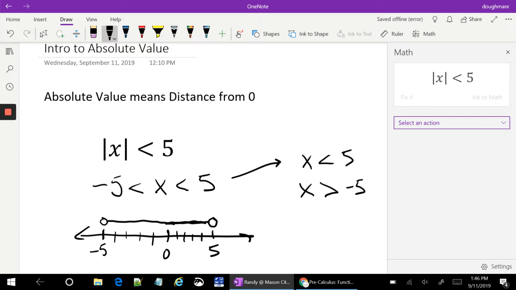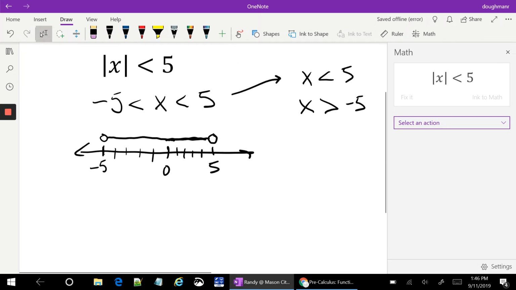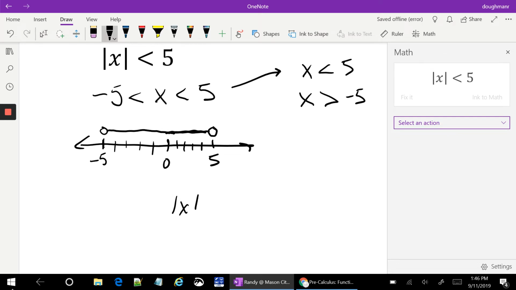So we can solve equations knowing that. So in general, once you see the absolute value of x is less than some number b, you can immediately rewrite it as x is less than b but greater than -b and move on.